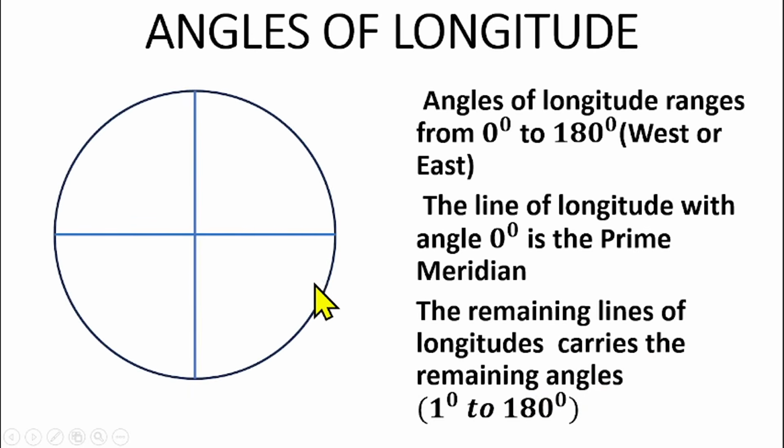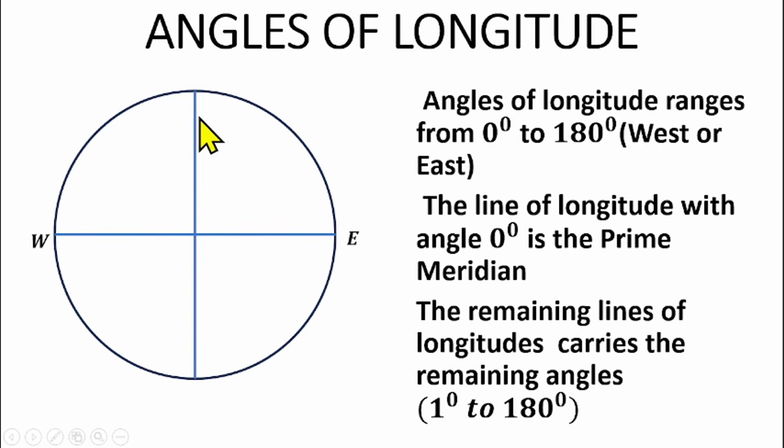So let's see an example. I have this circle representing the Earth's surface. Then I have the cardinal points. Now we know that lines of longitude run from the north to the south, but they are located at the west and the east.